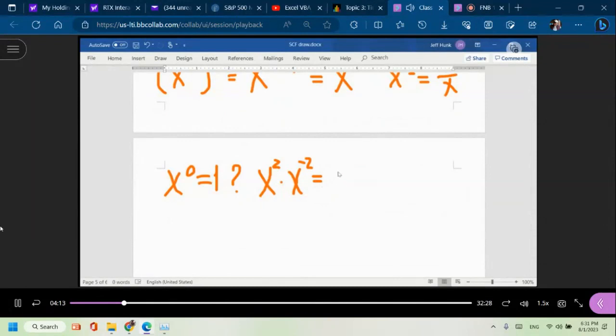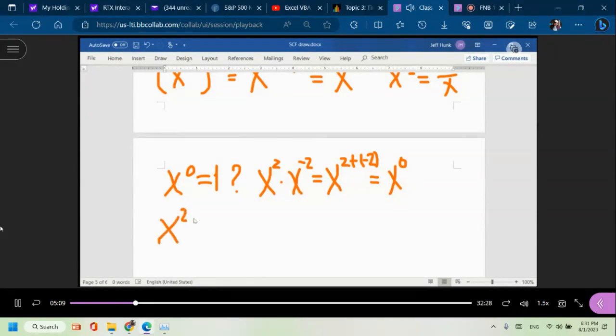By the exponents rule, this will be x to the 2 plus negative 2, which everyone would know is x to the 0. But then why is it 1? To answer that, let me write it back here.